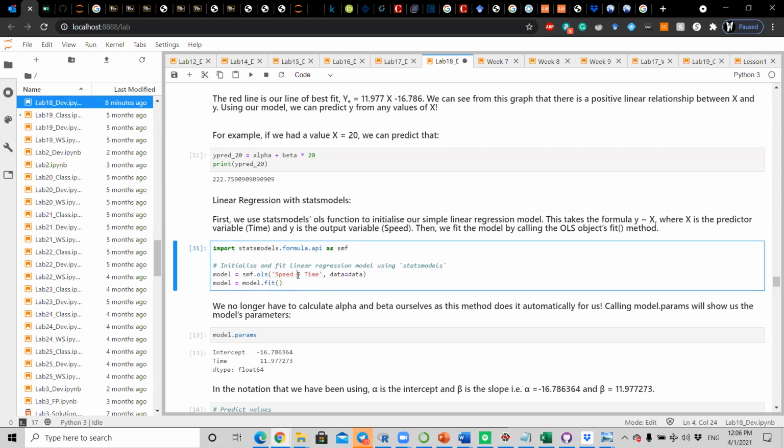First question, what do we call this? A tilde. Thank you. Yes, it has a very fancy French European kind of style name to it. I really like it. So what does this mean? Speed tilde time. Speed is approximately equal to time. Not here.